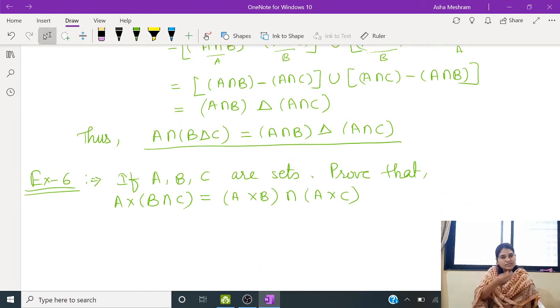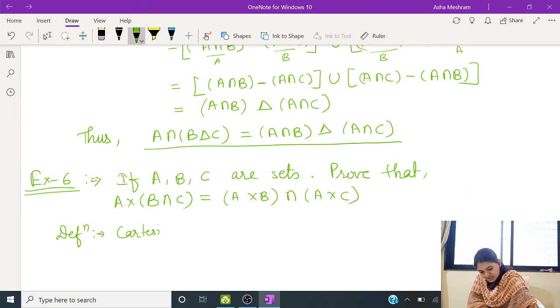Just for revision, I repeat the definition of the Cartesian product of two sets. No need to write this in the proof of this example.